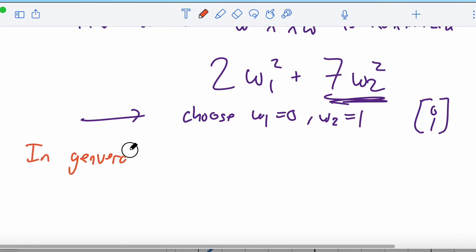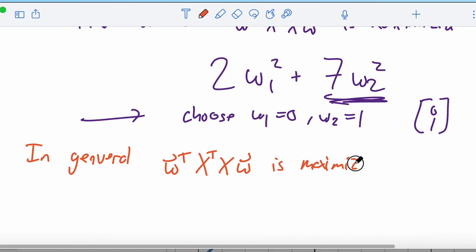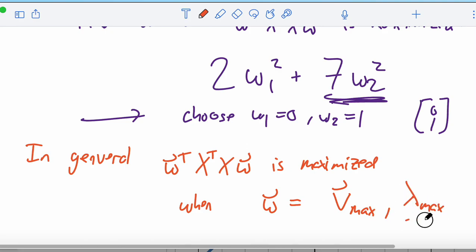In general, W transpose X W is maximized when W equals, I'm going to call it V maximum, and that's the eigenvector that goes with lambda maximum, the largest eigenvalue. Okay.